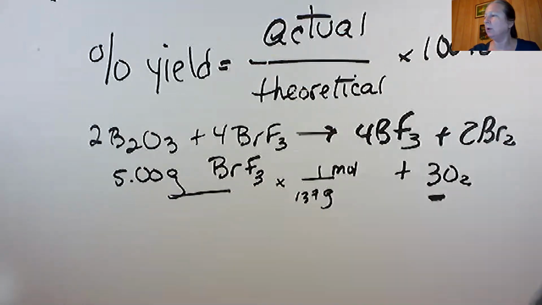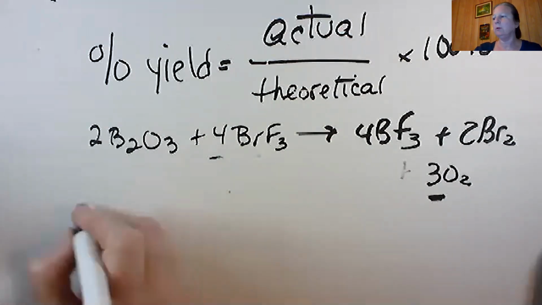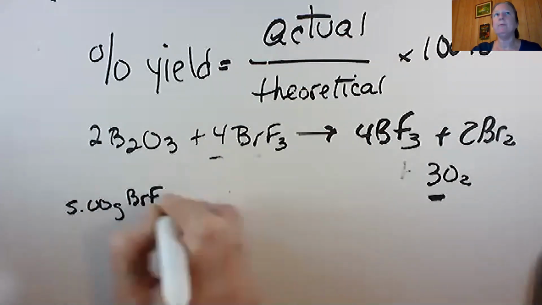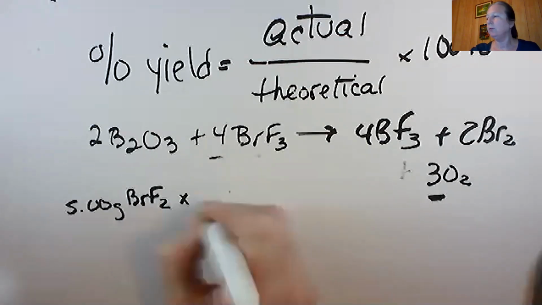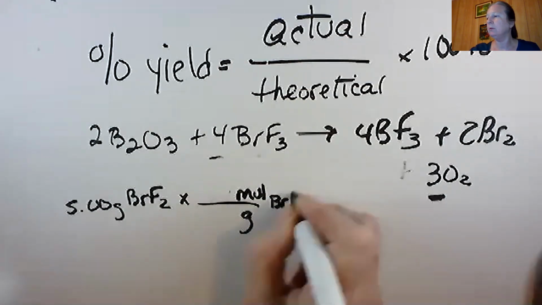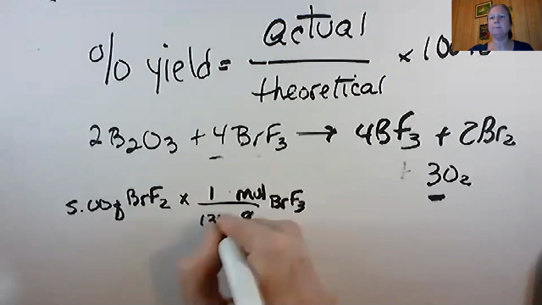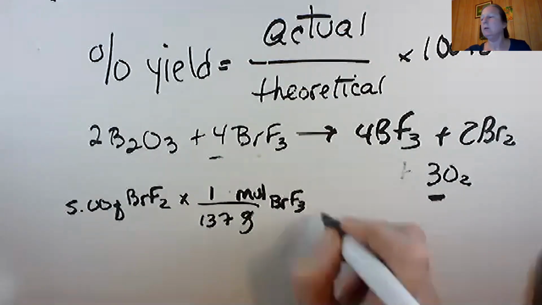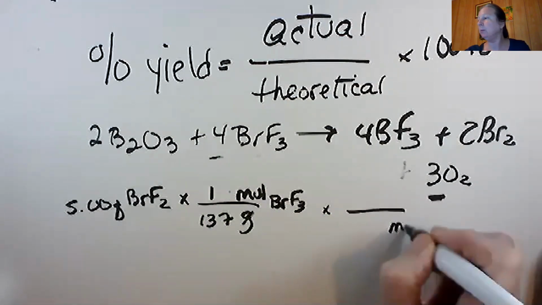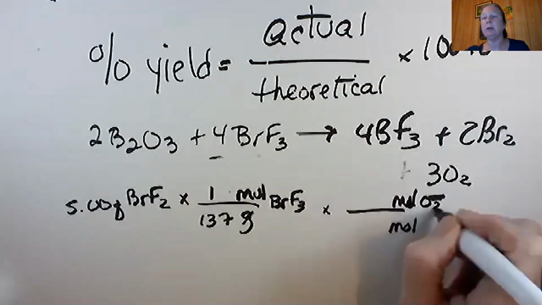All right, so actually I will work the whole thing down out here in one step. So 5.00 grams bromine fluoride, we're going to convert that to moles, right? And then we're in moles now, so we have to change the identity, because the question was about oxygen.